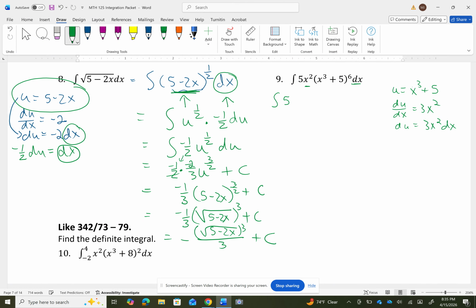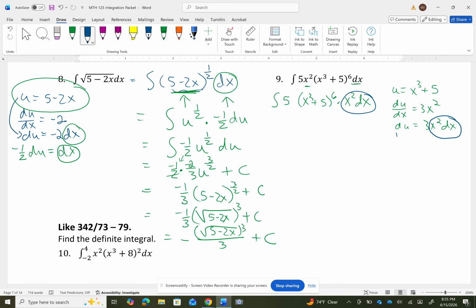So think about how that 5 can just go along for the ride. How this x to the 3rd plus 5 raised to the 6th power is sitting there. And then that x squared dx. So I see the x squared dx. I'd like to replace it with something involving a u.